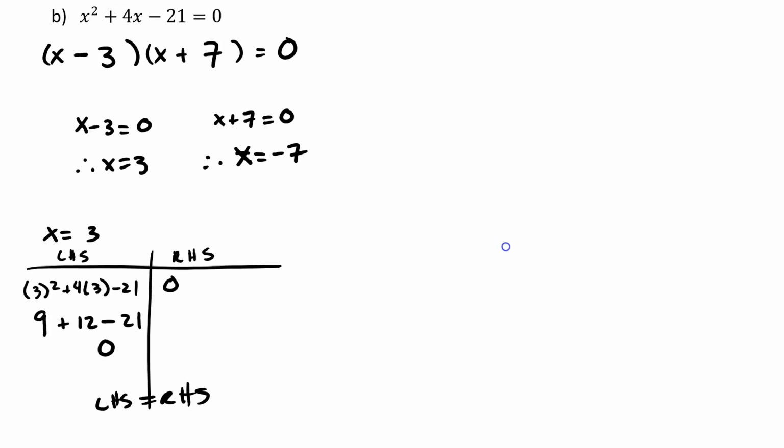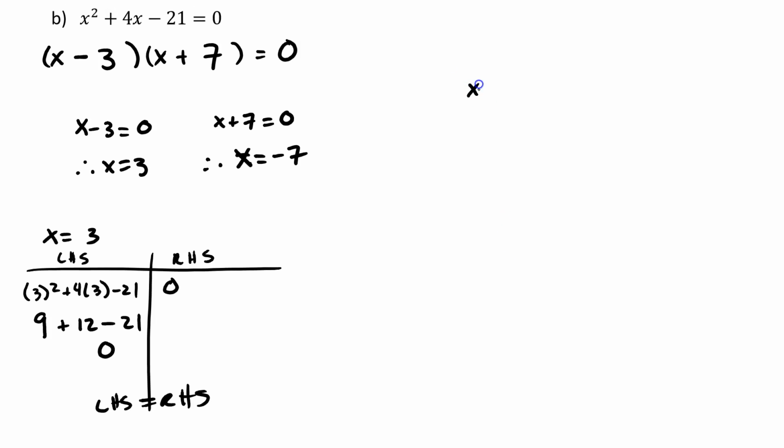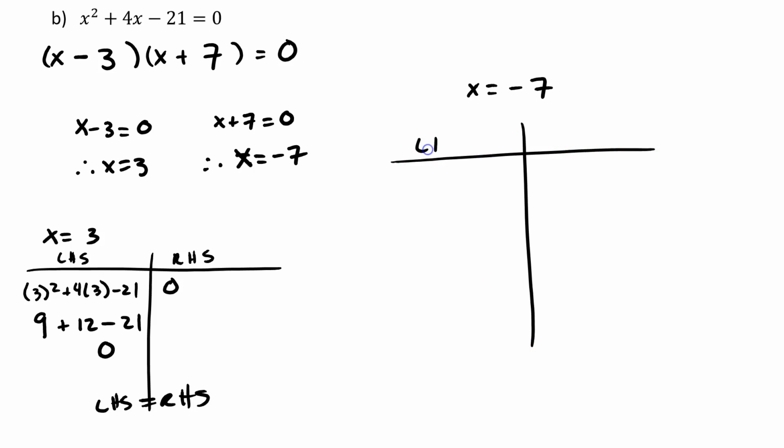Let's verify that negative 7 though. x equals negative 7. Left-hand side, right-hand side, and we have negative 7 squared plus 4 times negative 7 minus 21, and right-hand side, 0.